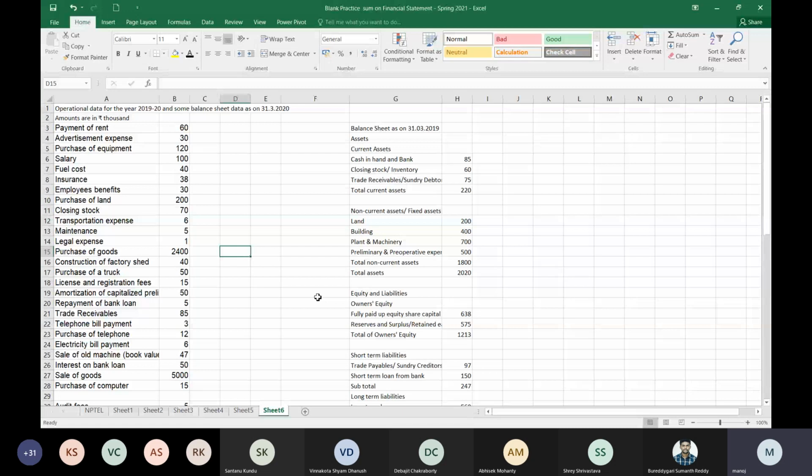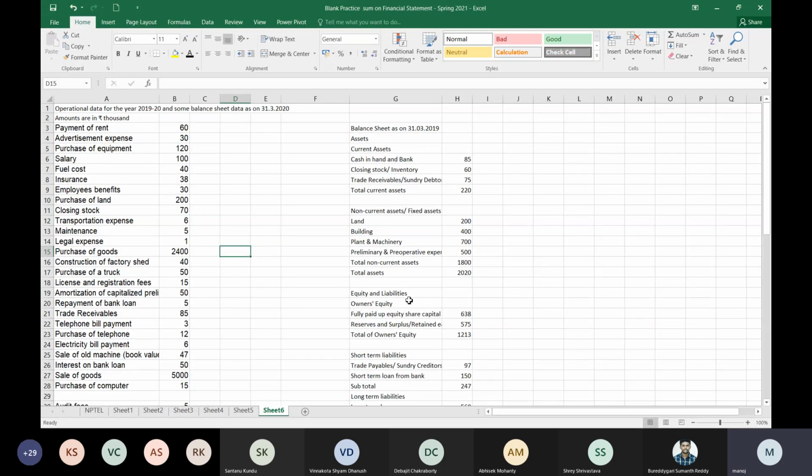So you take previous year data, then you add any new purchase, you subtract any sale, and then estimate the depreciation based on given rate. After estimating depreciation, you estimate operating profit. How do you estimate operating profit?